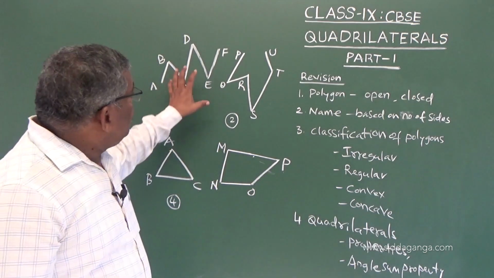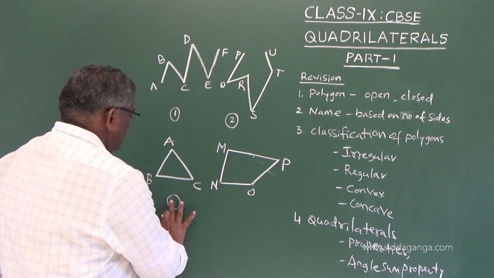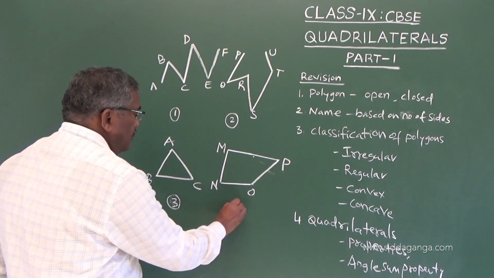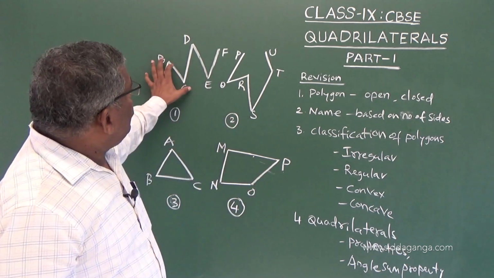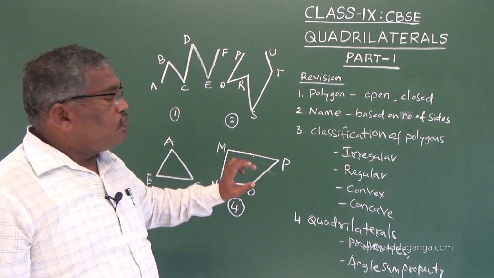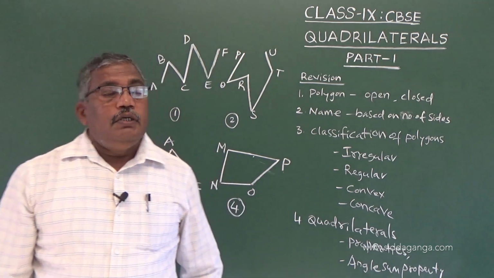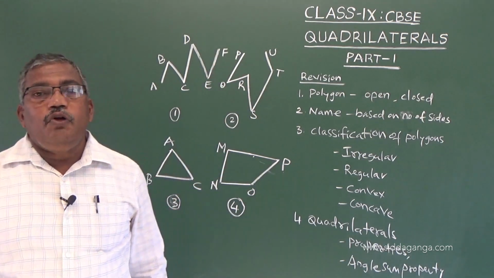So the difference between 1 and 2 and this 3 and 4: these two are open polygons and these two are closed polygons. So this is the main difference between open and closed polygon.